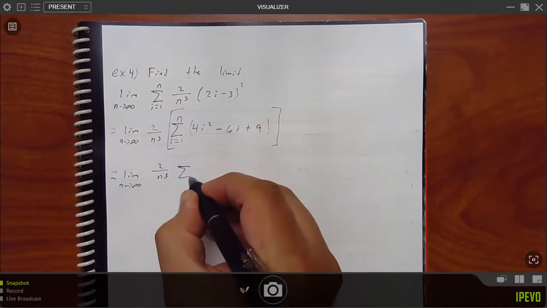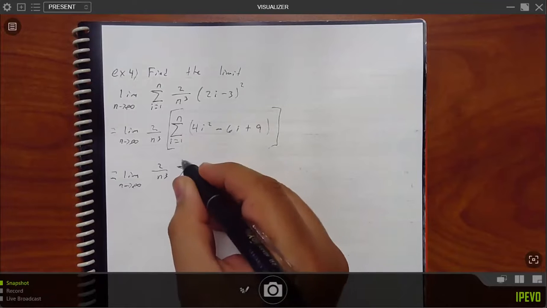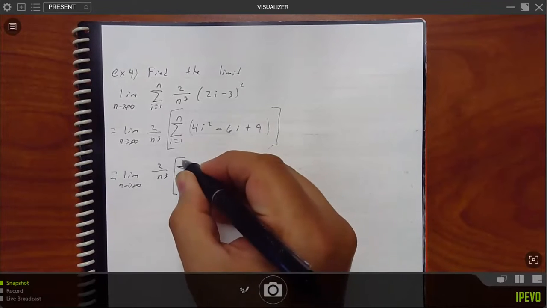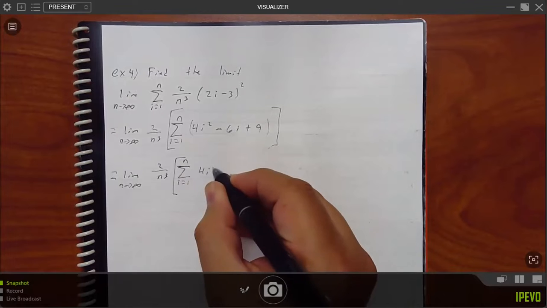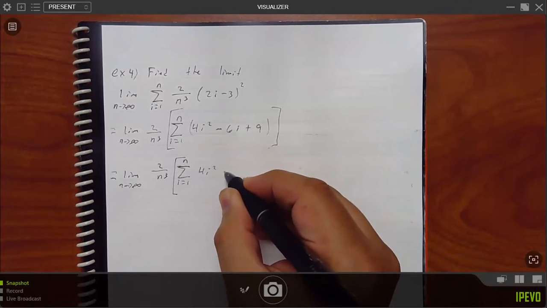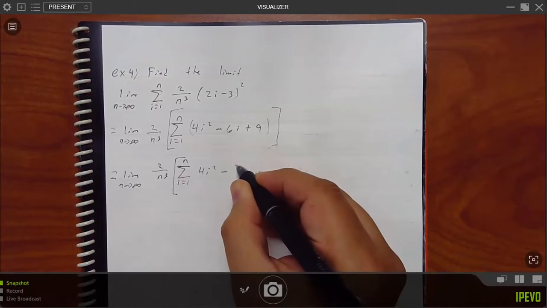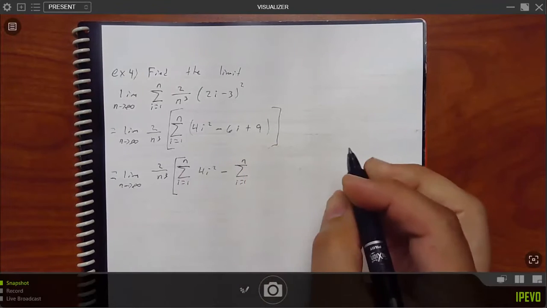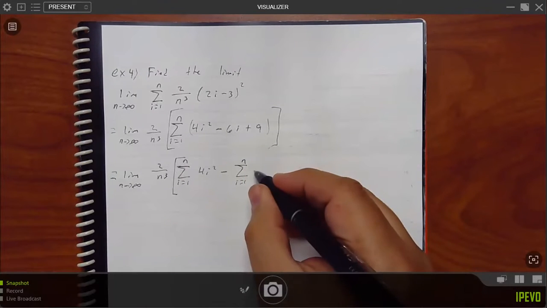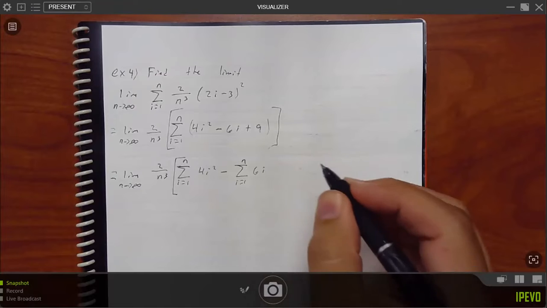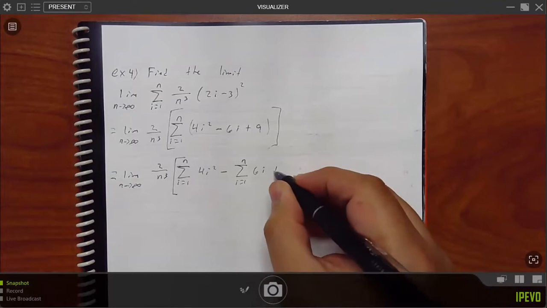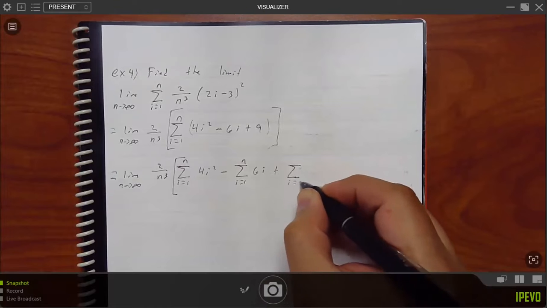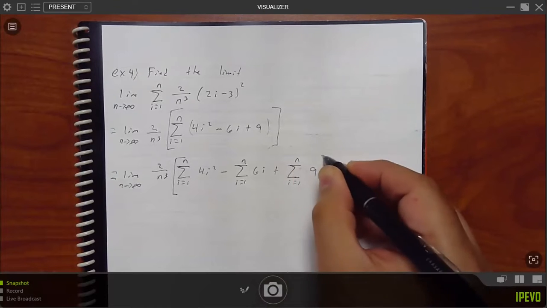So do the sum from i equals 1 to n of the first piece, minus the sum i equals 1 to n of this piece, plus the series from i equals 1 to n of the number 9.